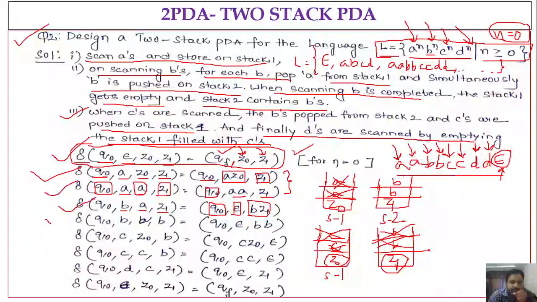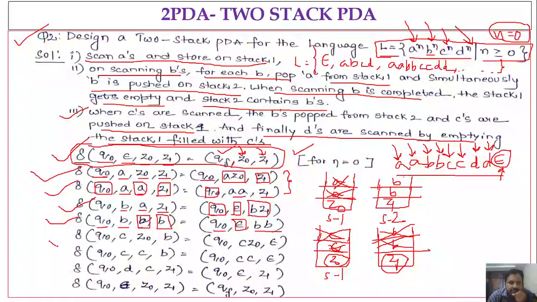Okay. And next one, in Q0, if we get input B and top of the stack 1 is again A and top of the stack 2 is B, then what we will do, we will be in same state Q0, pop the stack 1, and push BB onto the stack 2. Okay.